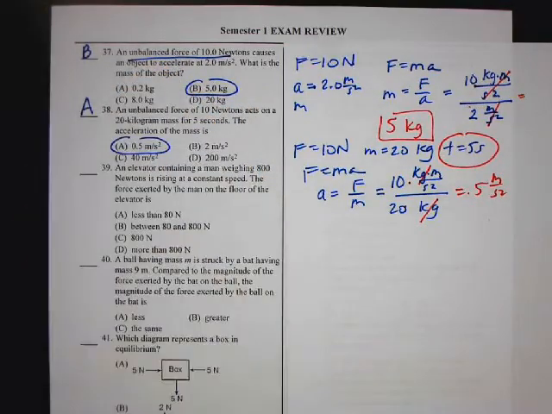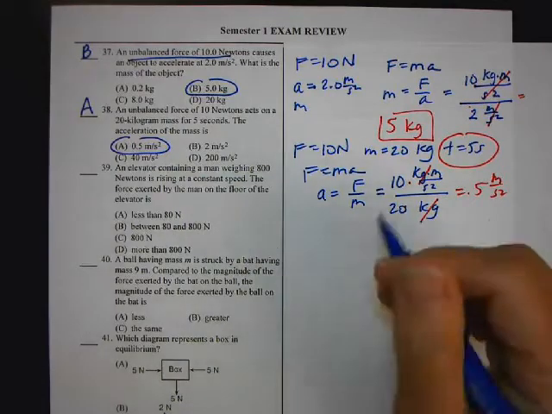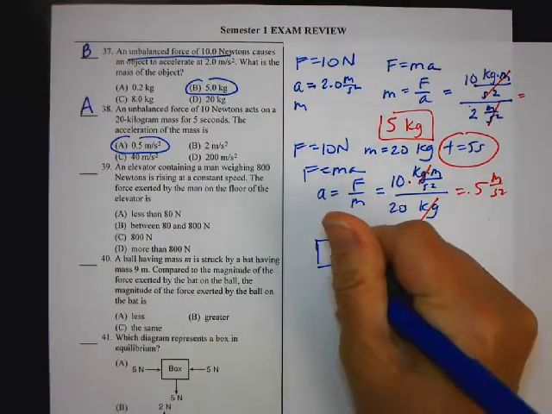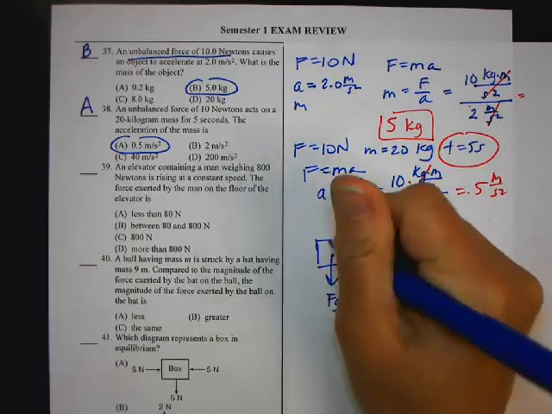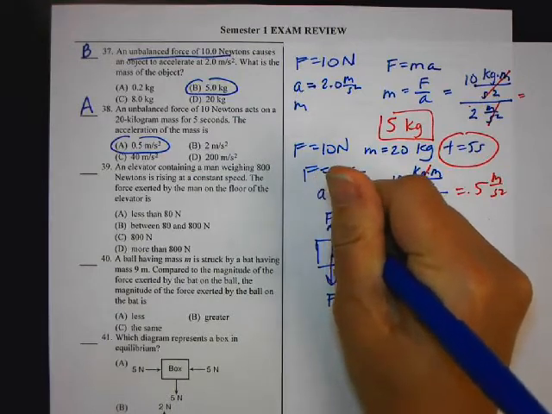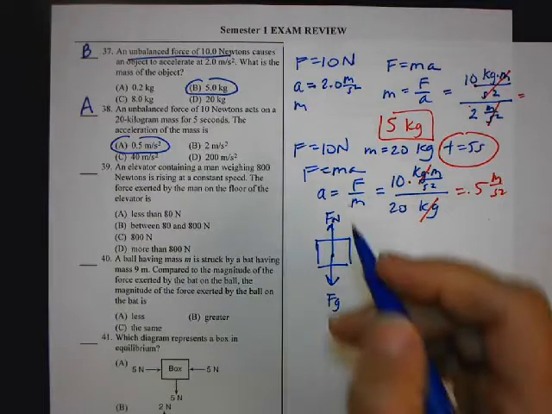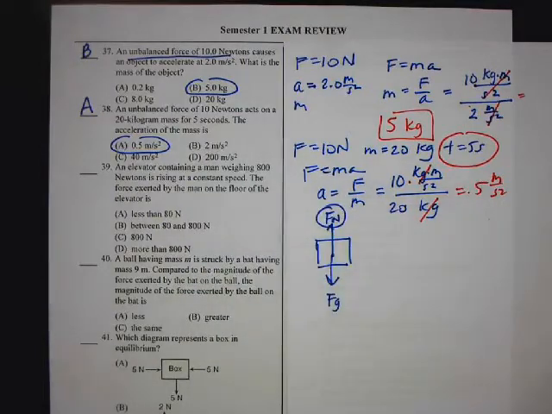All right, number 39. An elevator containing a man weighing 800 newtons is rising at a constant speed. So if we look at a free body diagram, and this is chapter 4, here's my weight, F of G. Here's my normal force acting up, which is also the reading on the scale. The force exerted by the man on the floor in the elevator is, so they want to know what's the normal force.